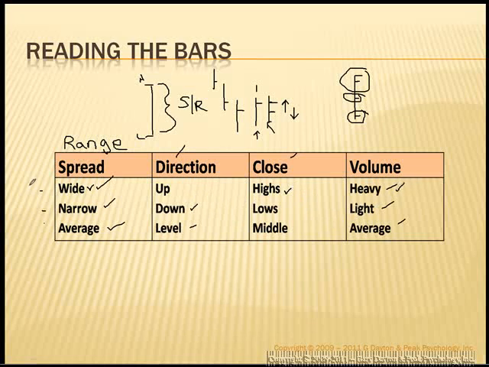We can have a narrow range bar closing level with the bar before it, closing in its middle on average volume. We can have an average spread bar that's up, closing on its highs on heavy volume. Okay, we can describe any bar by this nomenclature. All right, any questions on that? Does that seem pretty straightforward to everybody?